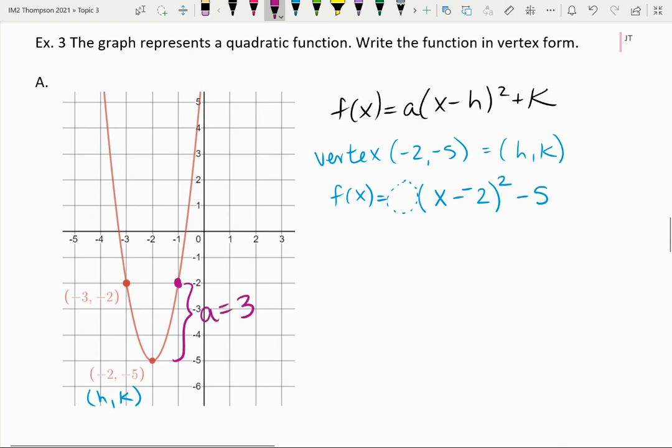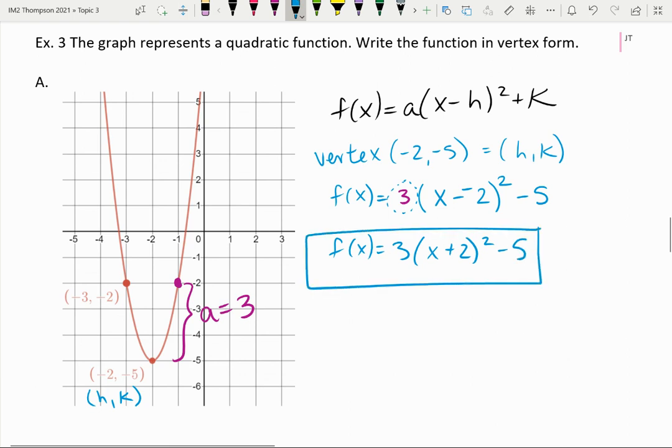That distance is a. It opens up, so I know it's positive. When I clean this up, I get f of x is equal to 3 times parentheses x plus 2, quantity squared, and then minus 5.